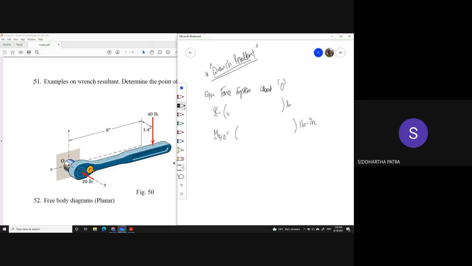Now it is quite simple in this case, because the forces are parallel to the unit vectors, or the basis vectors, in the x, y and z directions. It could be quite obvious, but I would still suggest representing them as F1 and F2, and taking the position vectors as r1 and r2.